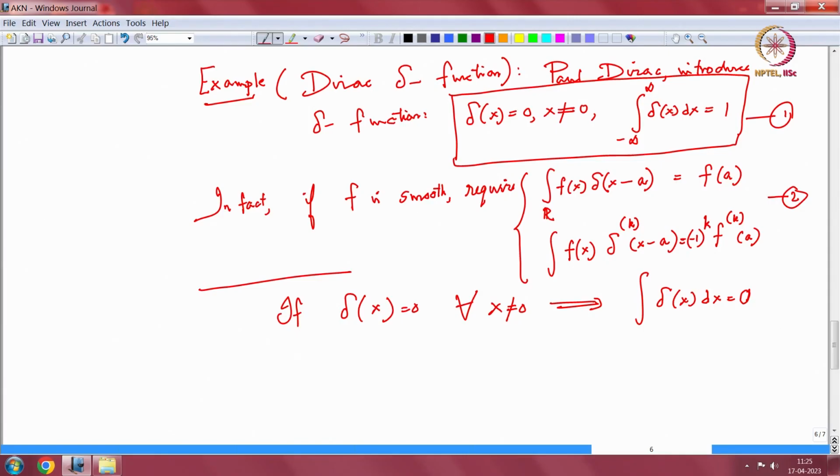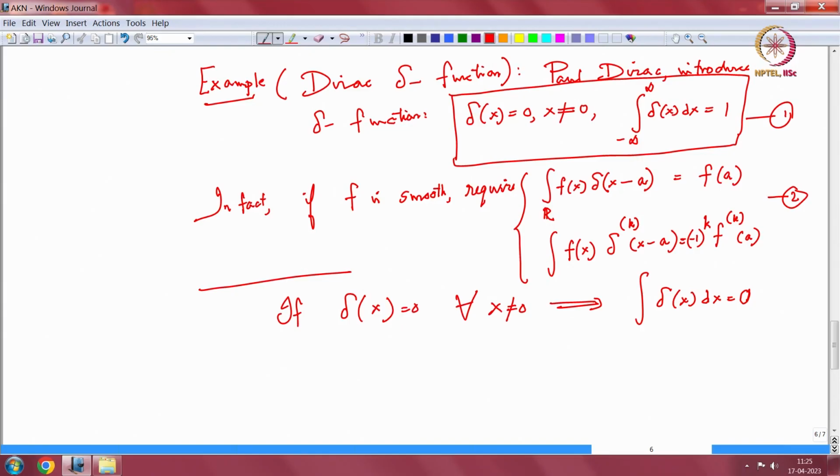He was not really looking for a function, rather he was looking at delta as an operator. The proper mathematical theory was not available then, but he was looking at the action of delta on other quantities. That is precisely your 2.